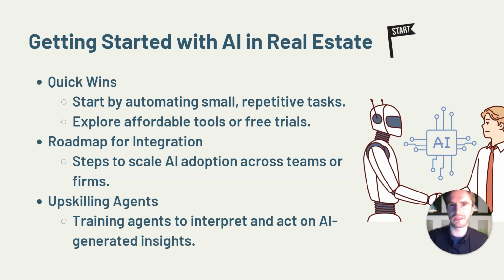It may not even be that difficult. It may even just take an AI chatbot or AI assistant and suddenly you have saved hours each week, which is absolutely incredible. So you can explore some affordable tools, free trials, and so on.